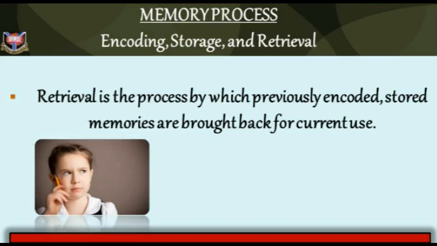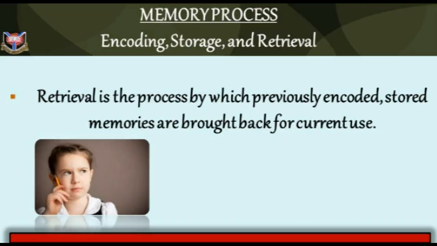One way to think of these basic memory processes in terms of information processing theory is to see human memory processing as analogous to the operation of a computer. Information enters through the senses, that is the keyboard.